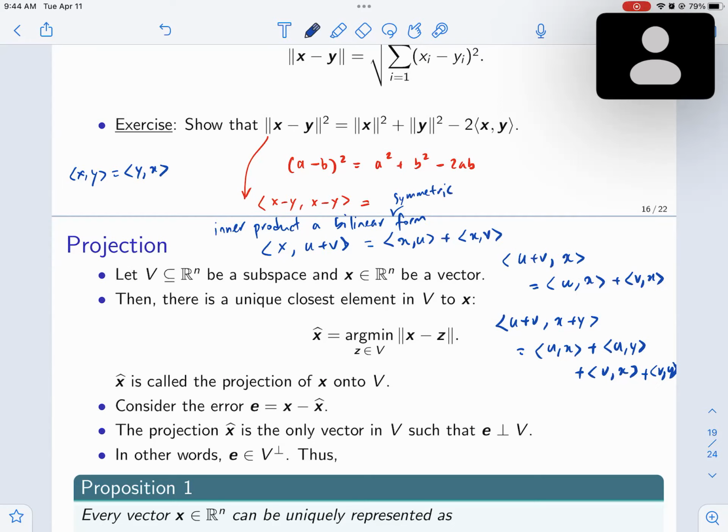You can do this calculation, okay? There's another thing which is a symmetric bilinear form, and that's the covariance operator. I'm going to talk about that later, okay? So a lot of interesting objects in mathematics are symmetric bilinear forms.